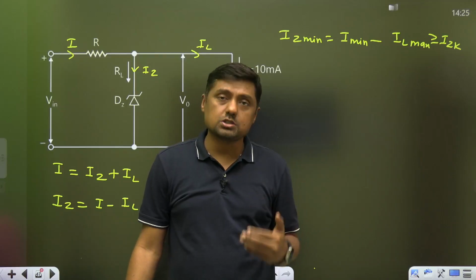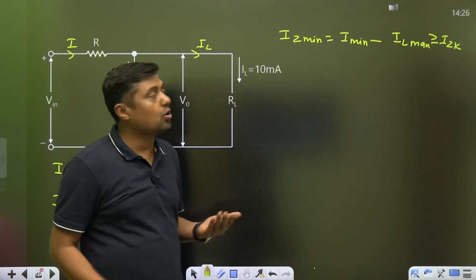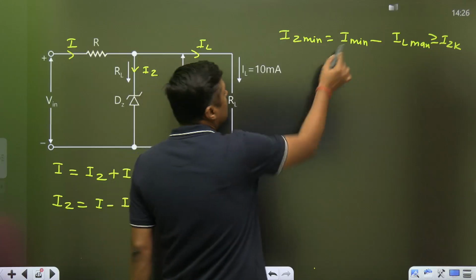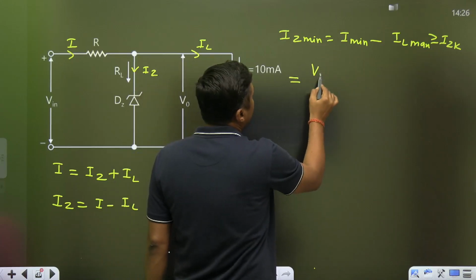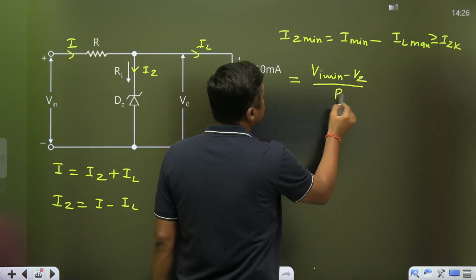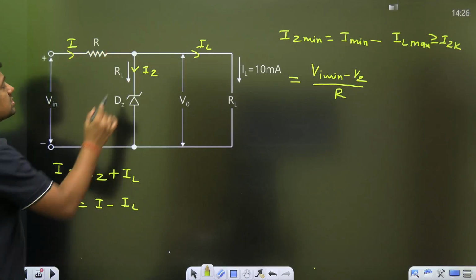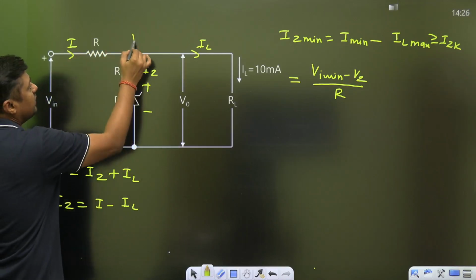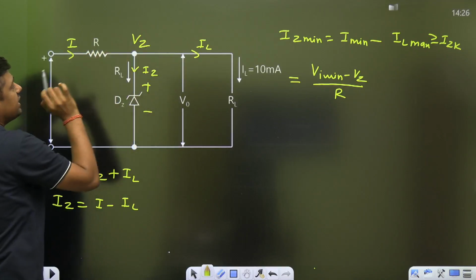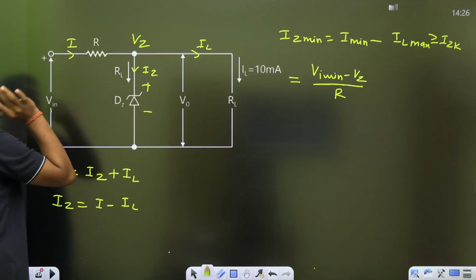And it is possible when IZ is greater than or equal to IZK, that is called knee current. Then what is the I minimum? This is given by VI minimum minus VZ upon RS. VI minimum minus VZ, because this is in breakdown region, that's why V0 is fixed at VZ. VI minimum minus VZ upon R will give you the I minimum.